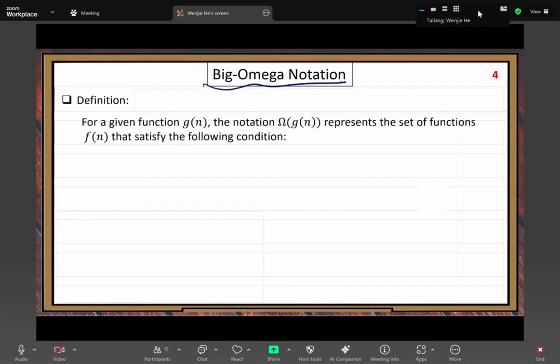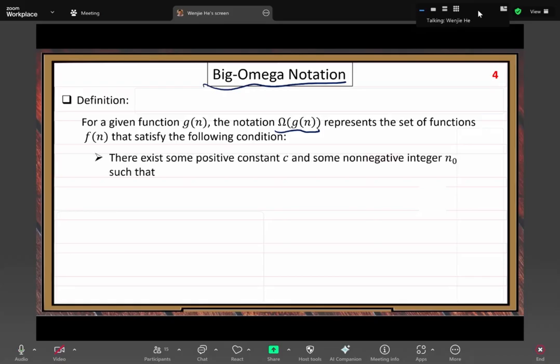Now the meaning of big omega: this time we use the C constant multiple of g as the lower bound function to approximate f function, approximating f from below. So there is an upper version and a lower version. Here we use the lower version, big omega.